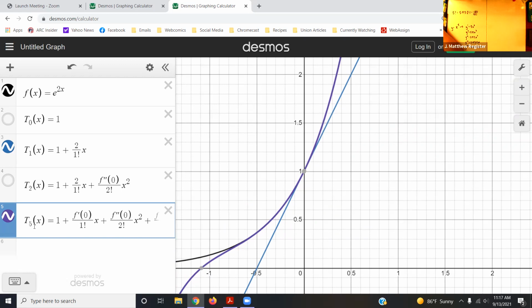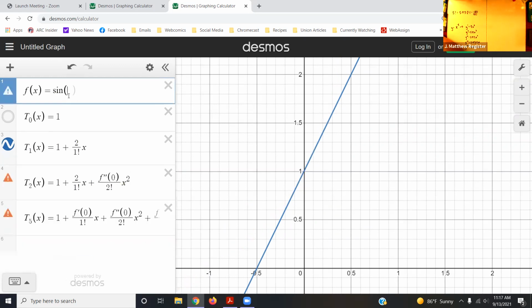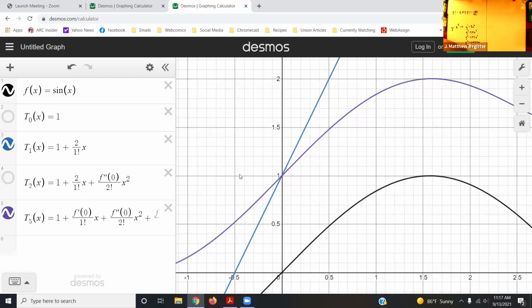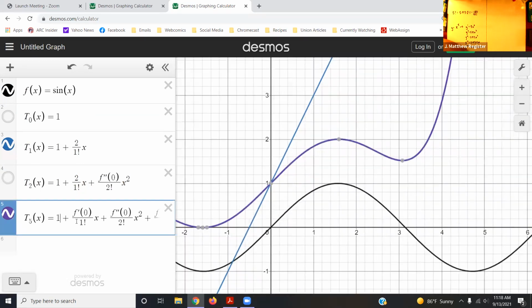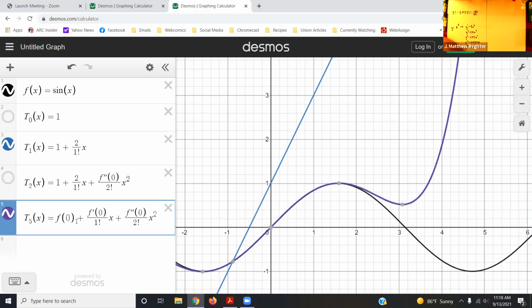And we can compute these things for just about any function if we really want to. And so let's try it for sine. So sine of x, and this should be f of 0. There we go.